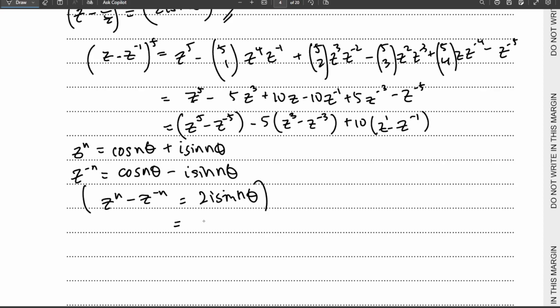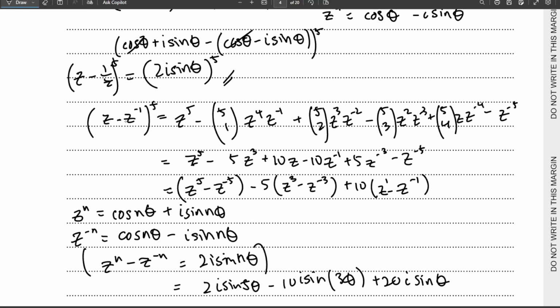So z to the power 5 minus z to the negative 5, you get 2I sine 5 theta. Here we have minus 10 I sine 3 theta. And finally, positive 20 I sine theta. That's it.